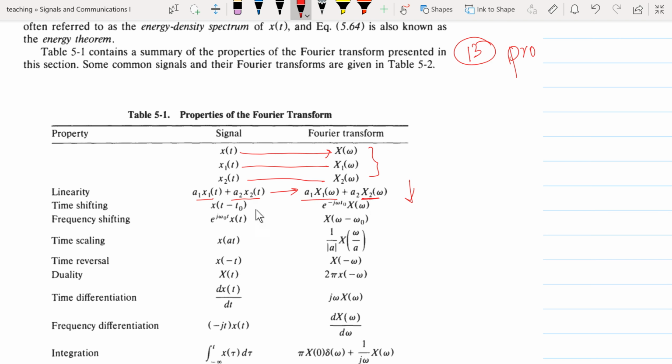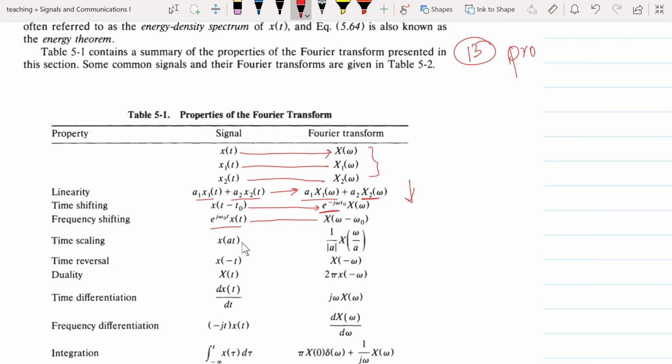We also dealt with the time shifting property, which says that shifting in time is equivalent to multiplication of your Fourier transform with the complex exponential e to the minus j omega t naught. And we compared those two, and said that complex modulation in time is equivalent to a shift in frequency in the Fourier transform.